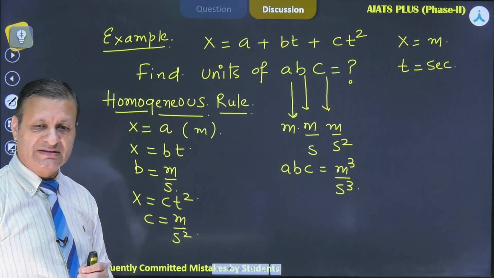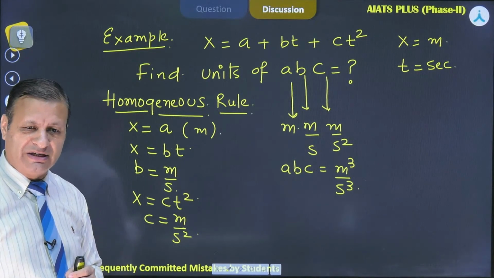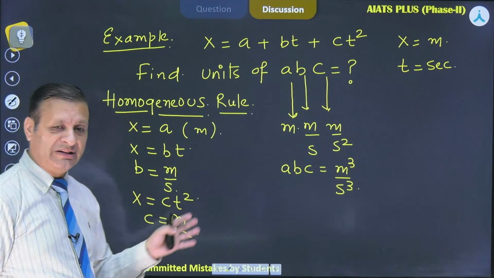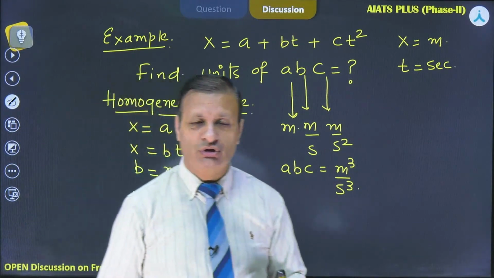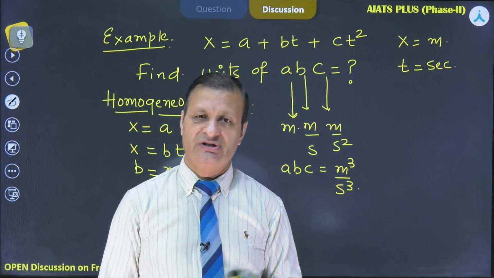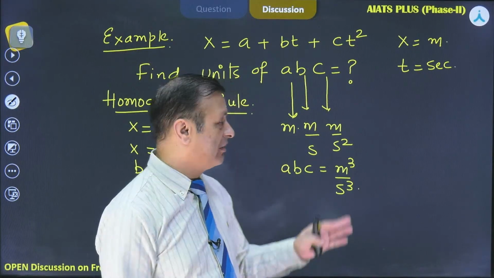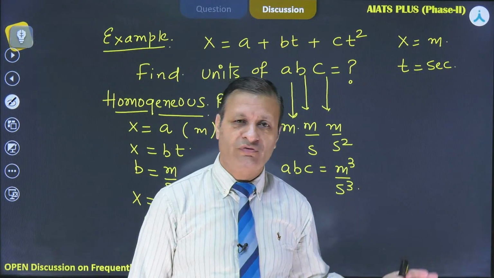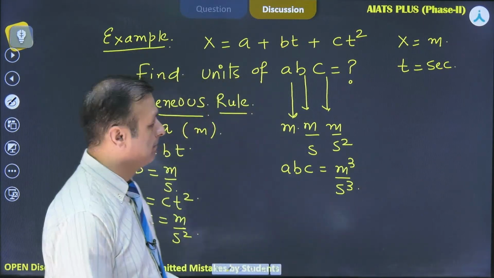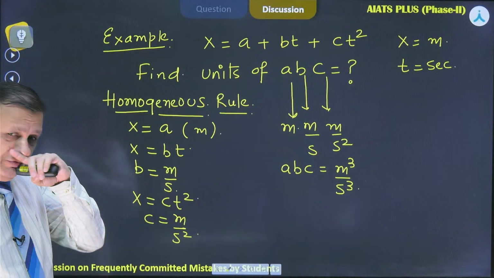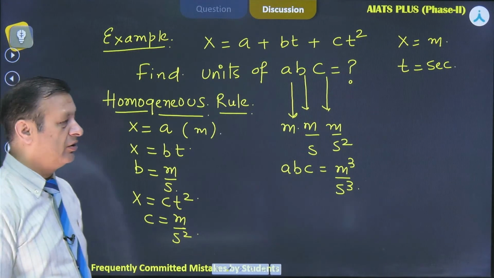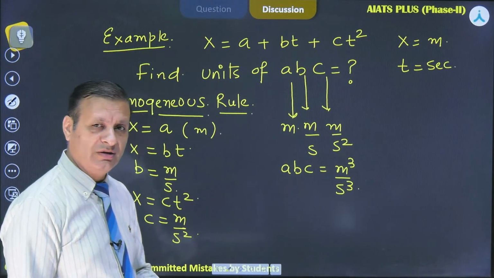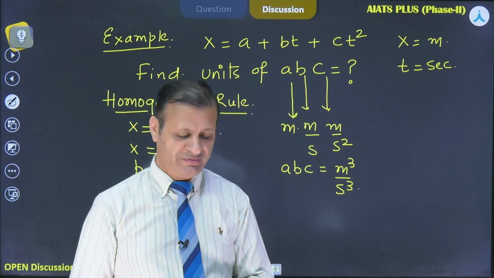A as length, B as LT minus 1, that is perfectly fine. Good Ankul, keep it up. So I think we have understood this situational numerical, just to make you more comfortable with the concept of homogeneous principle. So any doubt from this part? If you have any doubt, please confirm it right now. Okay, so shall we move?